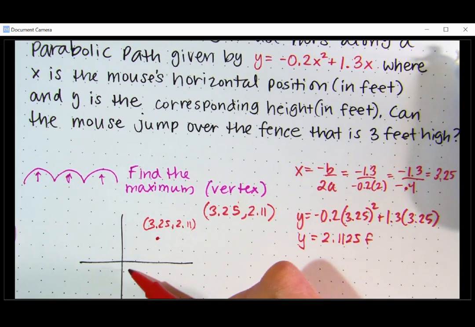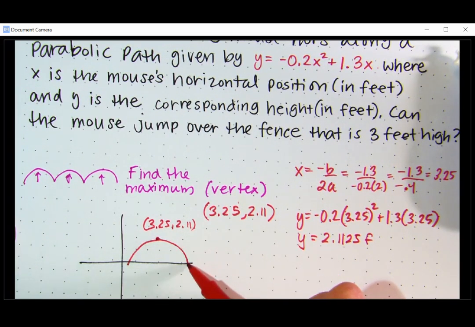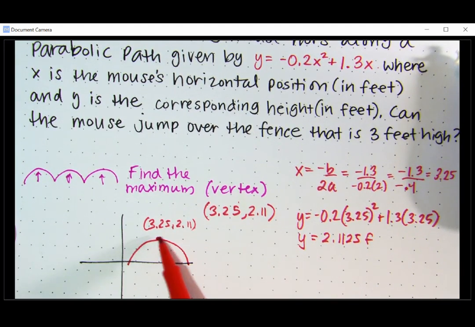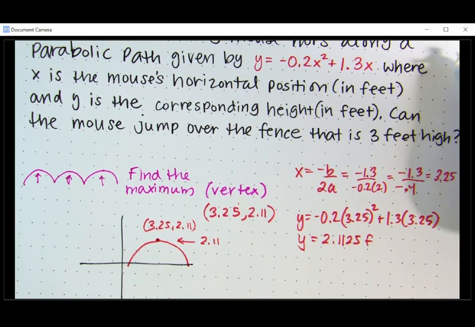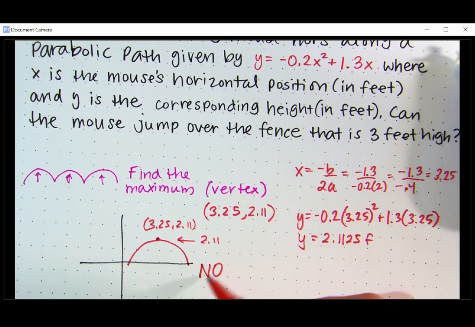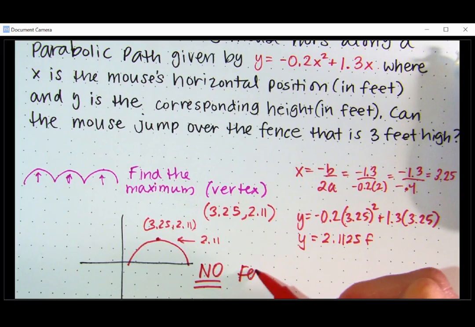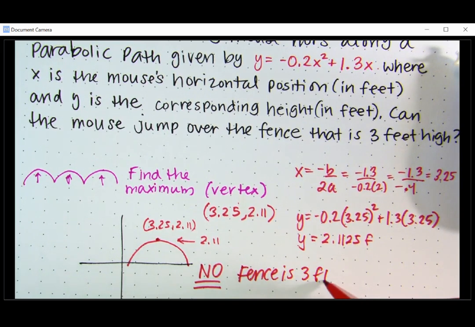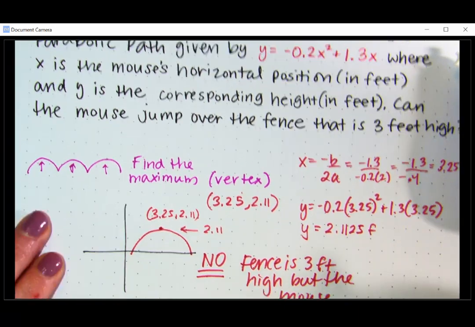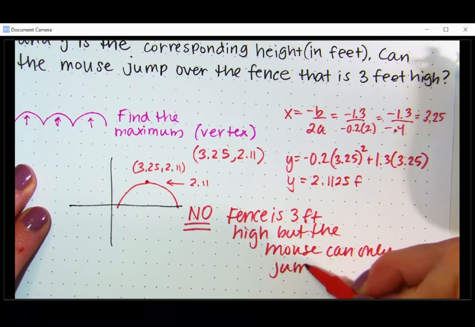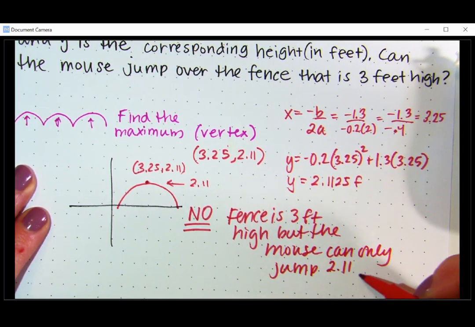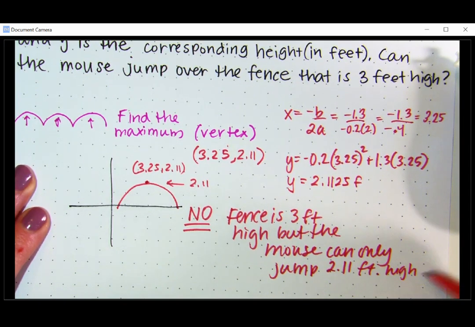And if this is my parabola of the jump, this height is only 2.11 and the fence is 3. So the fence is 3 feet high, but the mouse can only jump 2.11 feet high, right?